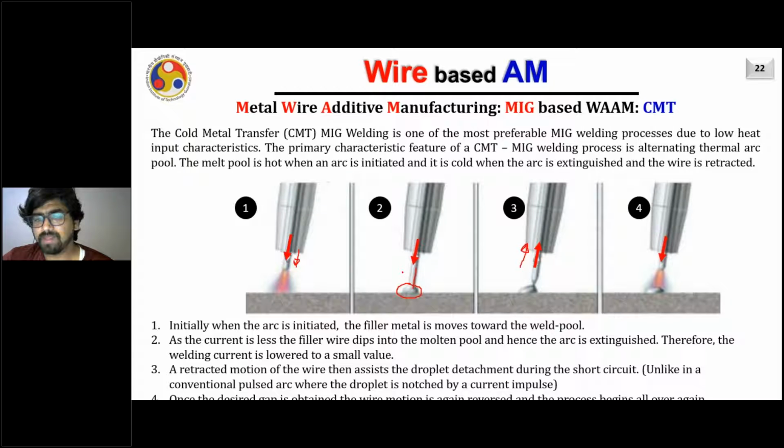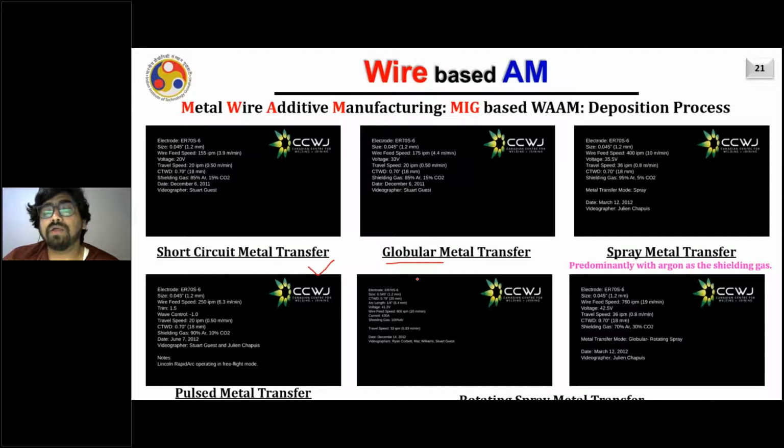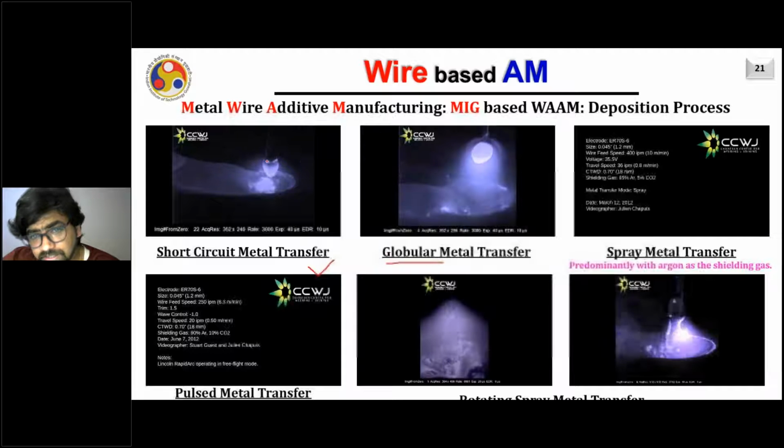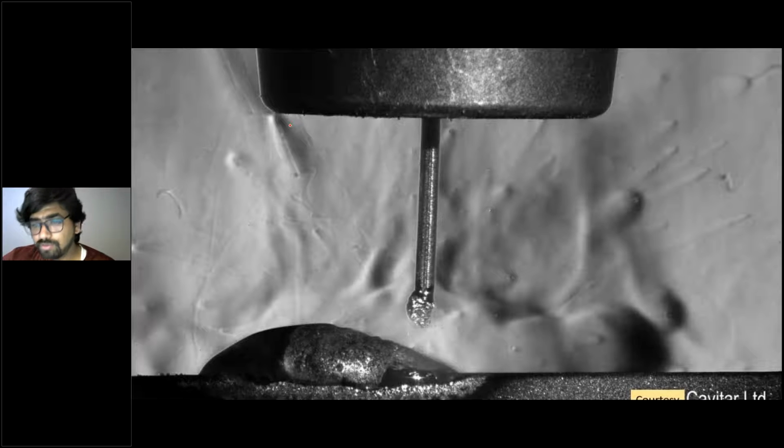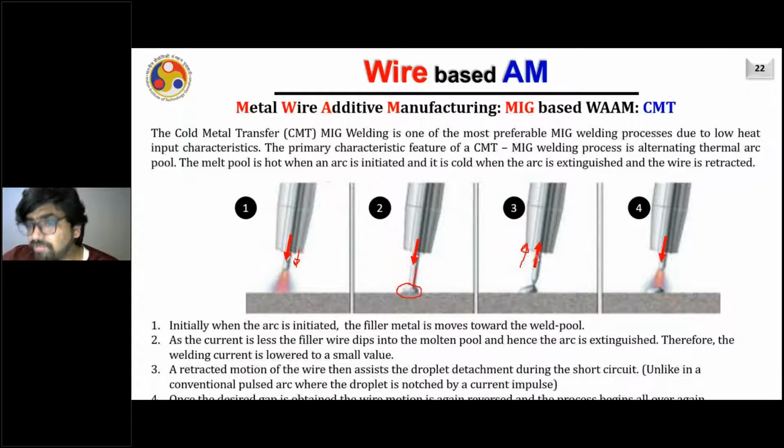Now, what we were doing earlier in the case of short circuit metal transfer? You just have a look at it. It was touching, and we were increasing the current through the power source. But instead of doing that, we can pull the wire back. If we pull the wire back, the droplet will remain with the substrate, and the wire itself will move back.